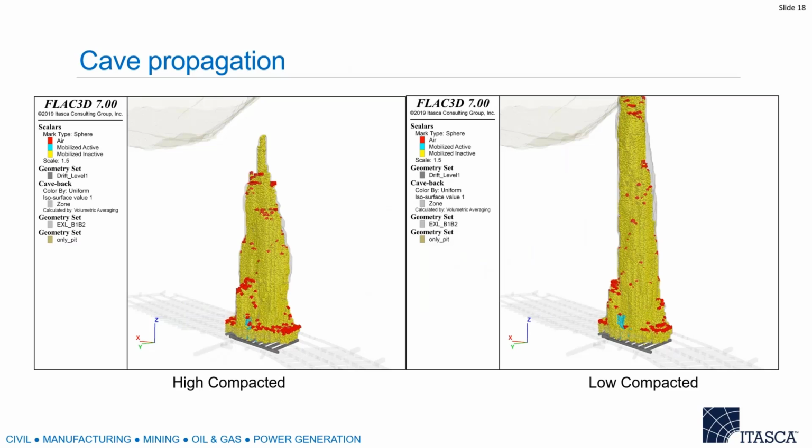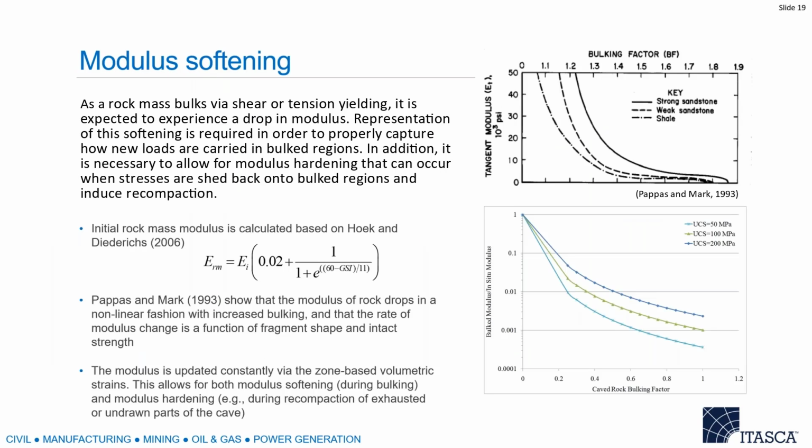And here you can see the effect of that assumption for compaction on the propagation of a new cave, the neighboring cave there. It's really important to realize that we wouldn't have been able to capture this if we didn't have that second residual in the model.